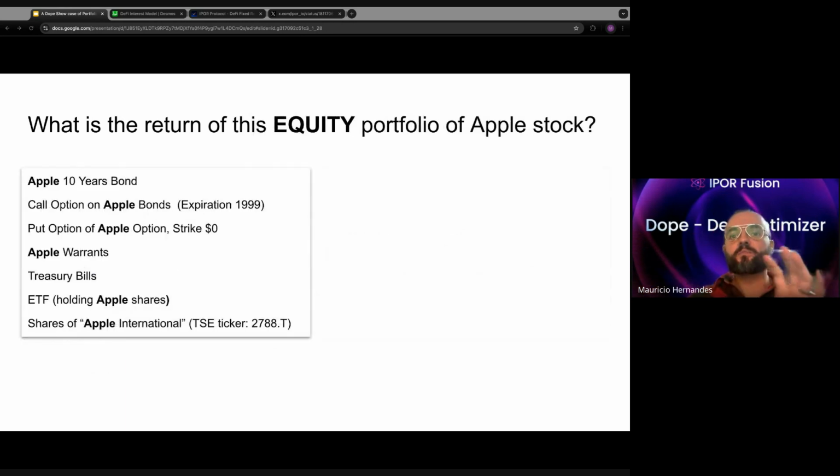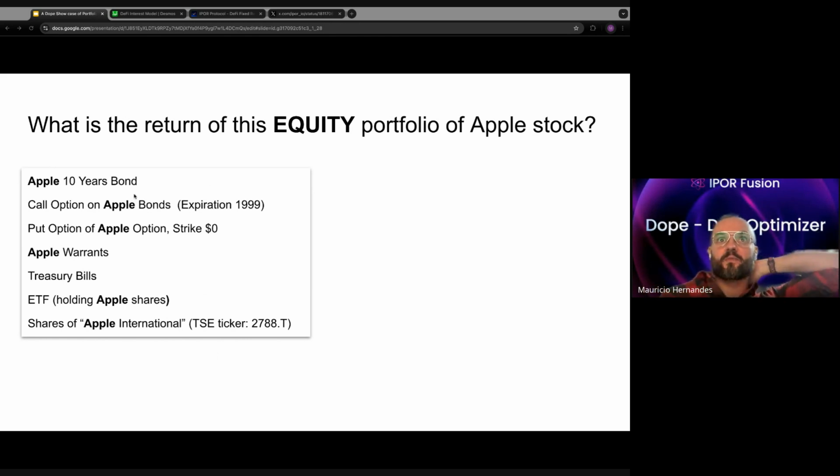So how could this problem be translated to traditional finance, so we can have a feeling of how important it is to have this tooling to separate different tokens, different asset classes, different risks? Imagine that on the flip side, I come to you and say, hey, look at my Apple stock portfolio, my equity portfolio with Apple shares. Do you see any problem with it? Again, this question doesn't even make sense, because this particular portfolio doesn't actually have Apple shares.